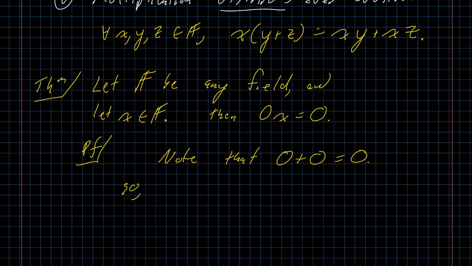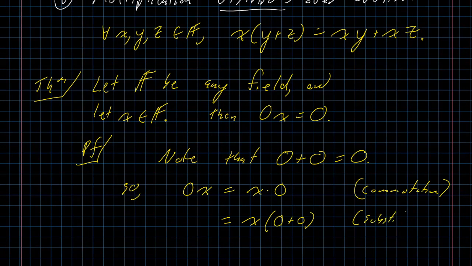So 0 times x is the same thing as x times 0 by the commutative property, which is equal to x times 0 plus 0 by the substitution there, right? 0 plus 0 is equal to 0, so replace 0 with 0 plus 0 right there.